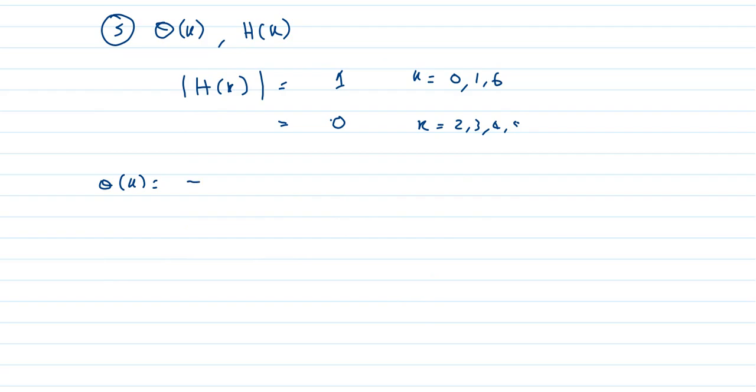It goes as minus (n minus 1) pi k by n, where k is from 0, 1 up to (n minus 1) by 2, so 7 minus 1 is 6, by 2 is 3.